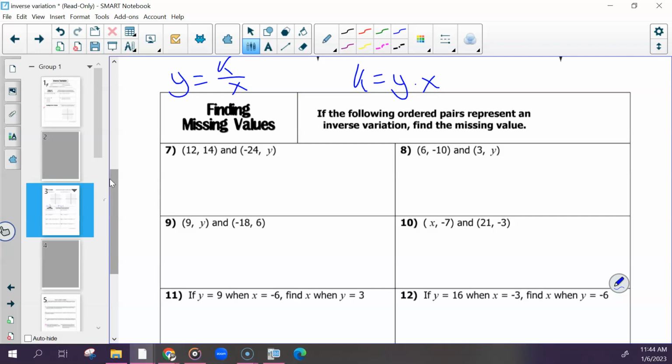And then for number 7, find your k value first. Multiply 12 and 14. Someone multiply that. Tell me what you get. Okay. After you find your k value, take your inverse variation equation, y equals k over x, and put that in.